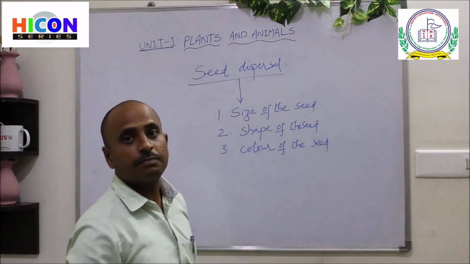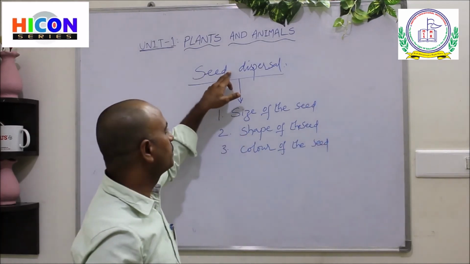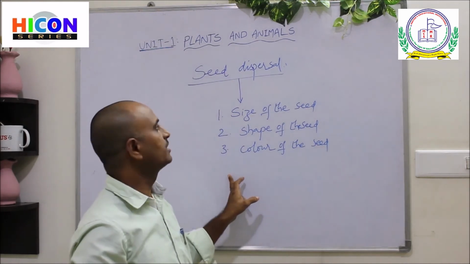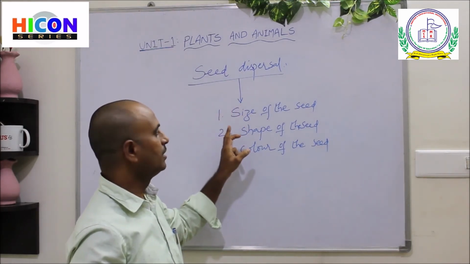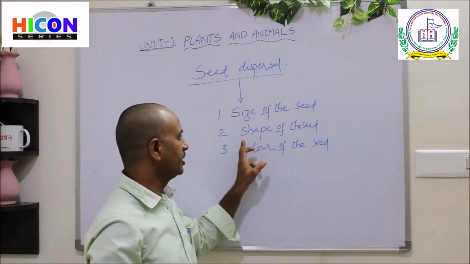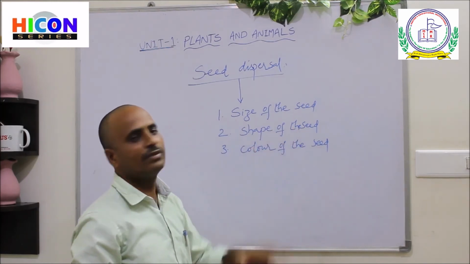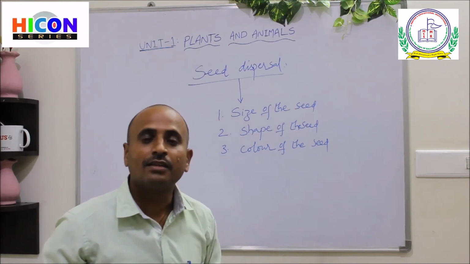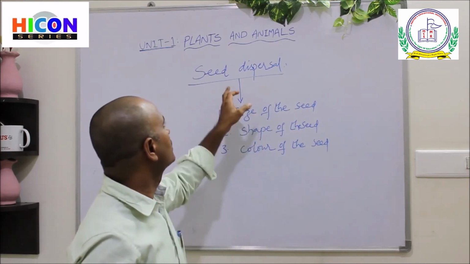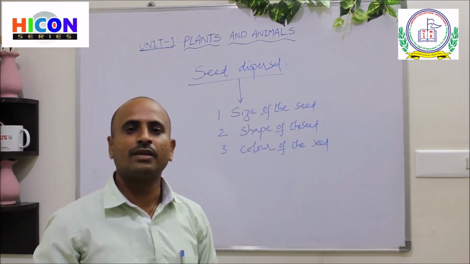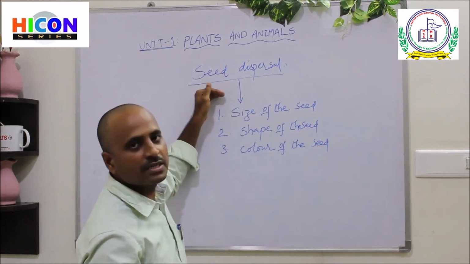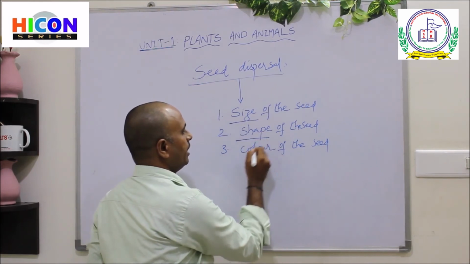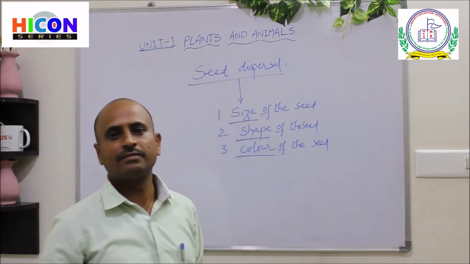So the dispersal of seeds takes place depending upon these three factors. These three factors determine the way by which the seeds will be dispersed.